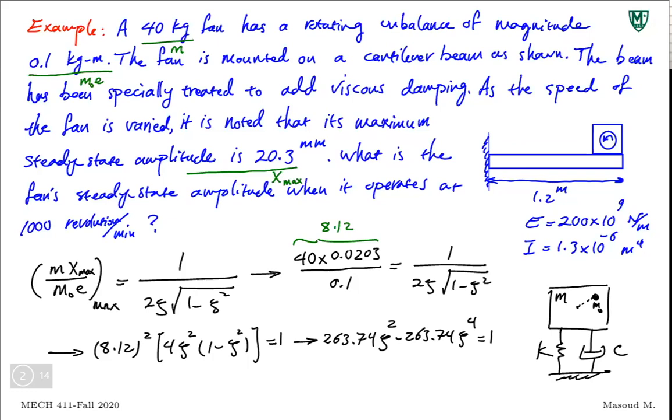Now this is a polynomial, a 4th degree polynomial. How are we going to solve this? You might say, well, we actually don't know how to solve a 4th degree polynomial, but the fortunate thing is that we only have zeta squared and zeta to the 4th. So to make it easier to represent, I'll take zeta squared as u.